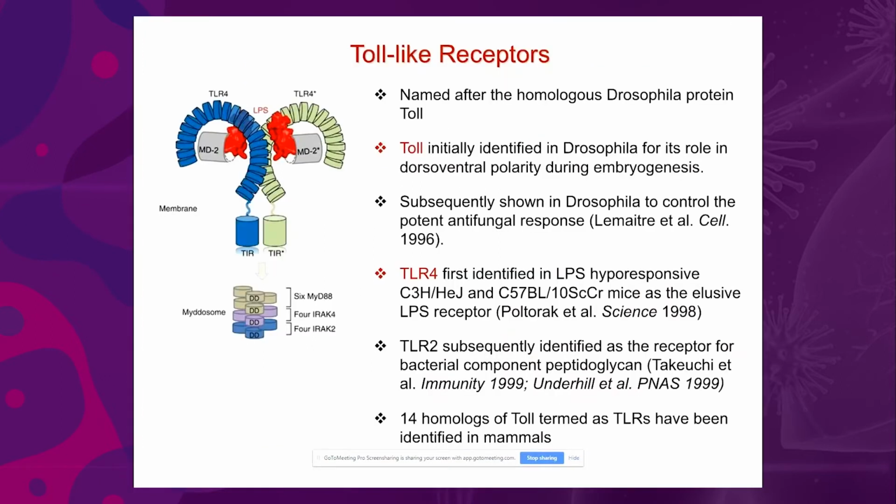Now, as I started telling you before, for a long time the main pattern recognition receptors have been elusive, but the whole field changed from the late 90s onwards, when it was shown that the Drosophila Toll protein, initially identified in Drosophila for its role in dorsal-ventral polarity during embryogenesis, was also key for mediating antifungal immunity in the fruit fly.